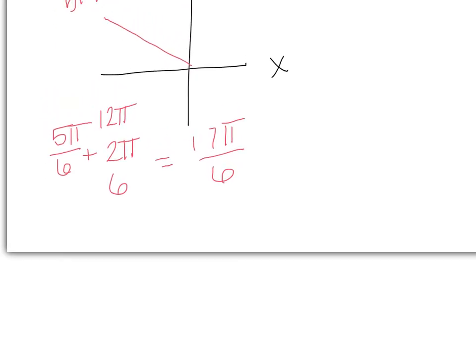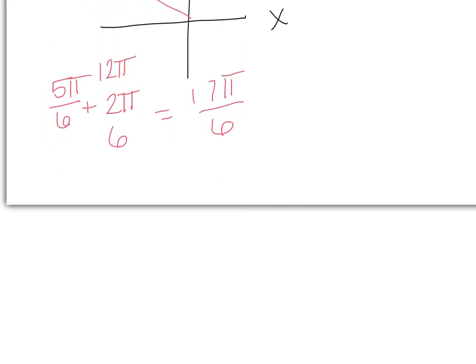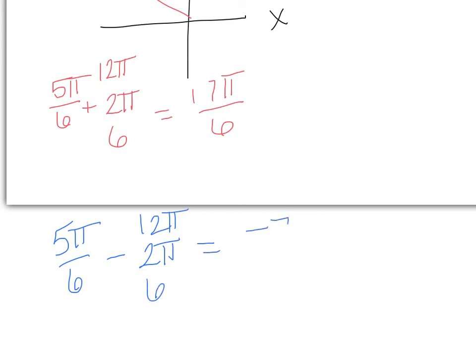And then if I take my 5 pi over 6 and subtract 2 pi, 12 pi over 6, now I've got negative 7 pi over 6. There are infinitely many coterminal angles. You can get many different answers, and I will accept them all if they are correct.